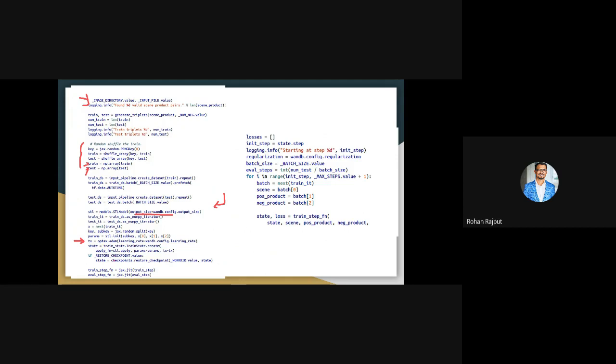Again, all of this will be exported to the Weights and Biases platform, where you can see the output of the model. And once it completes, you save all this information as a Pinterest dot model file on your Weights and Biases platform.